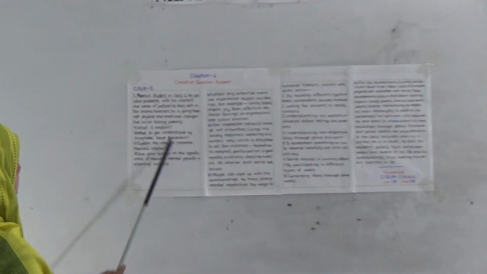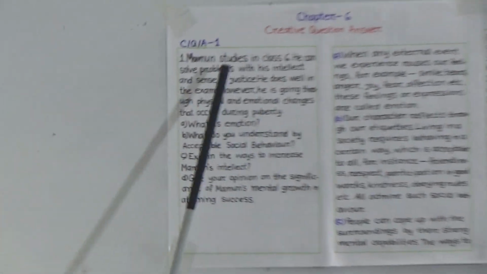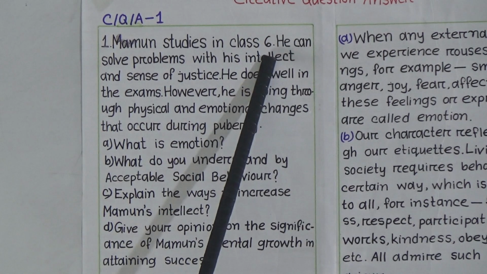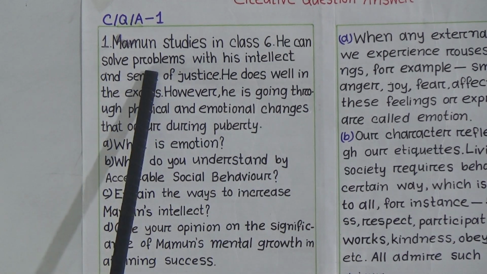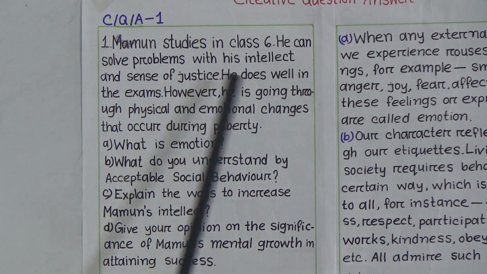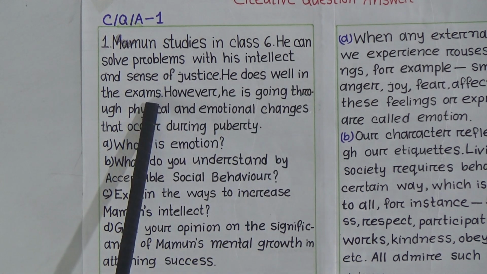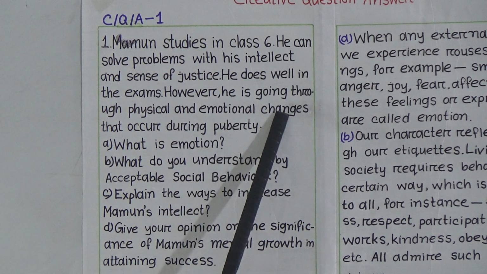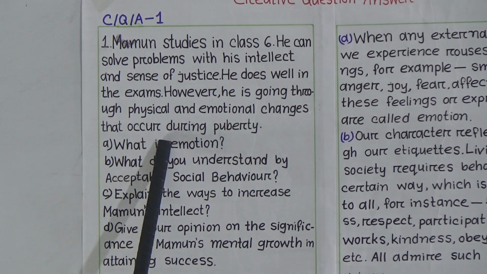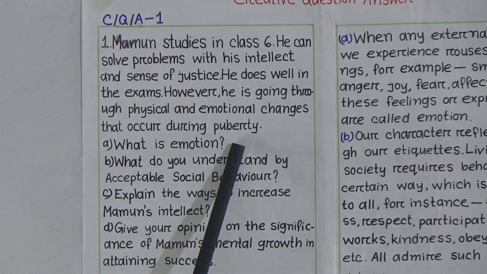Students, here is the stem and I am reading the stem. Mamun studies in class 6. He can solve problems with his intellect and sense of justice. He does well in the exams. However, he is going through physical and emotional changes that occur during puberty.